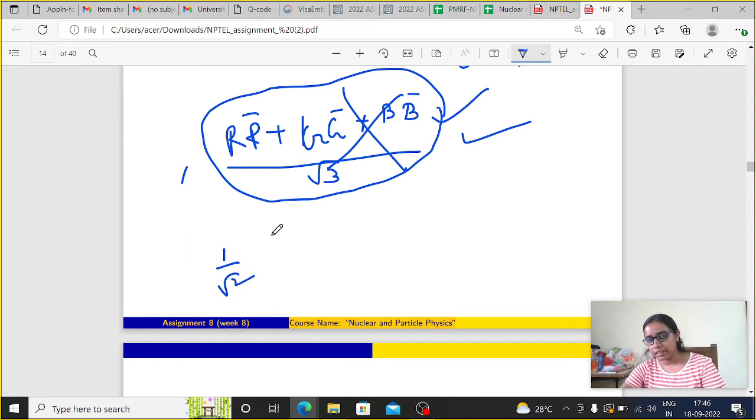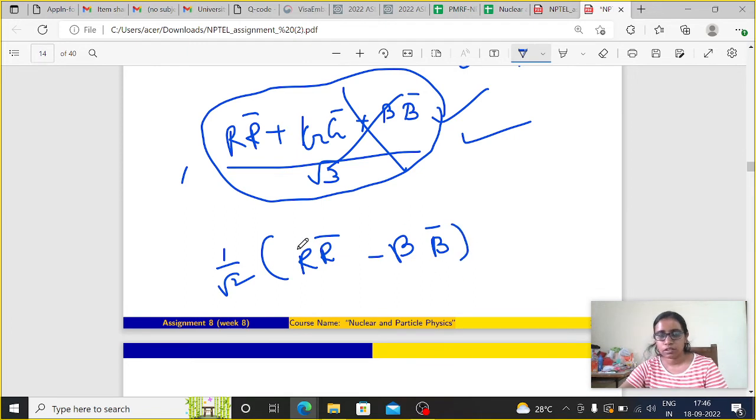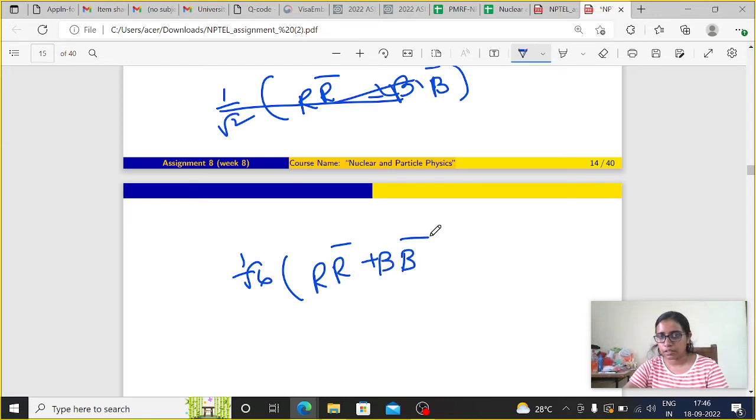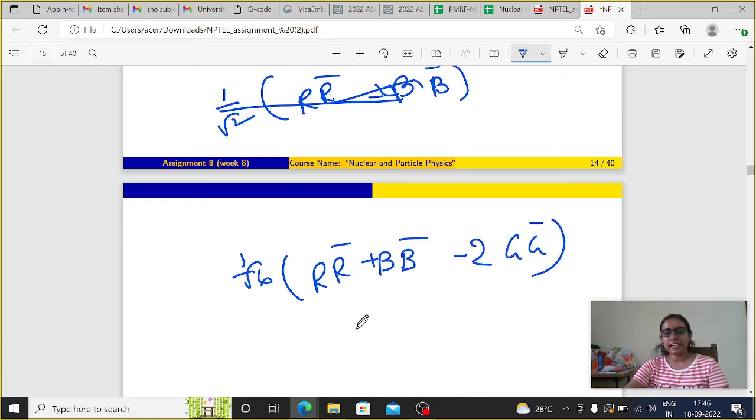I am writing here this type of combination: 1 by root 6, R bar plus B bar minus 2 G bar. Why is it not colorless?